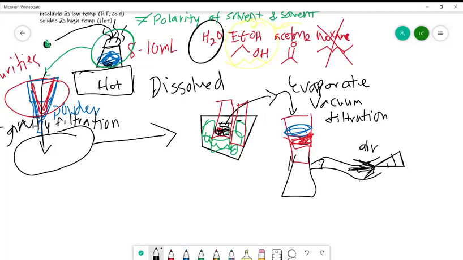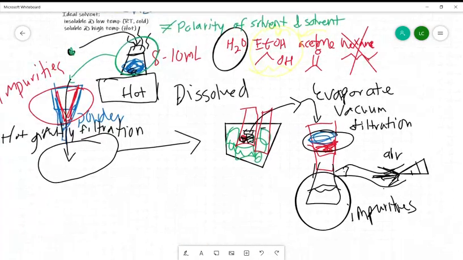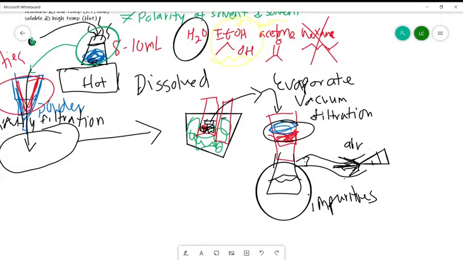It will just dry out your solid of interest, which is above the filter flask, more quickly, and you have residue impurities that are dissolved. Impurities are dissolved in this case. In the other case, impurities were not dissolved and were insoluble.